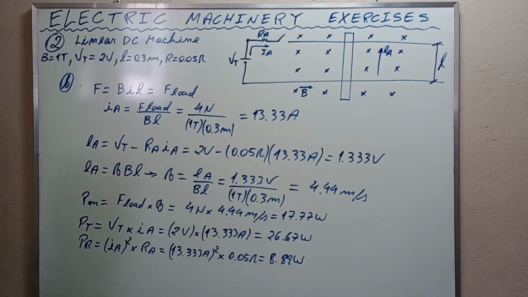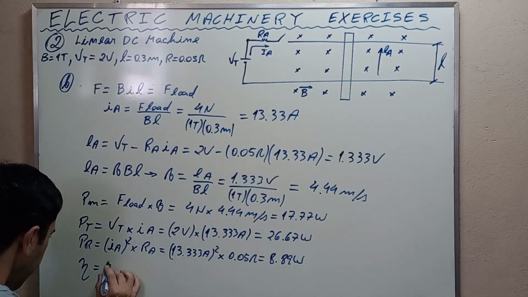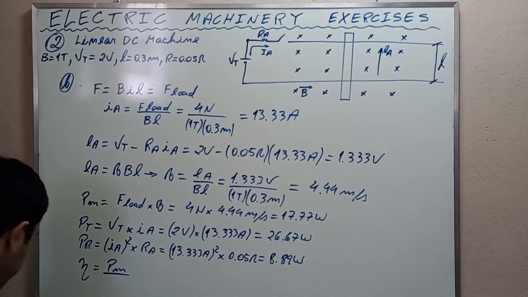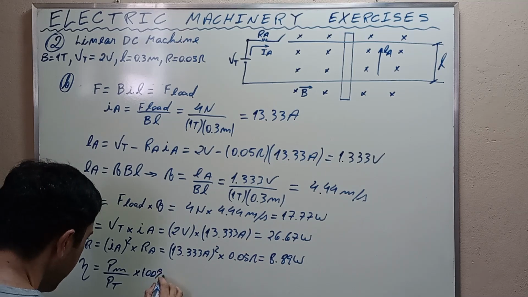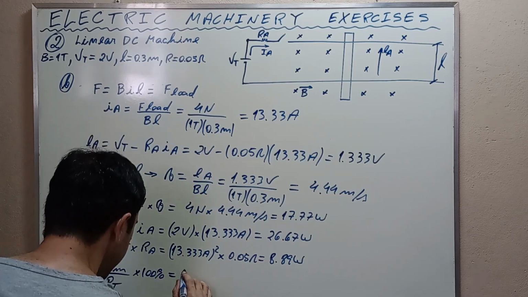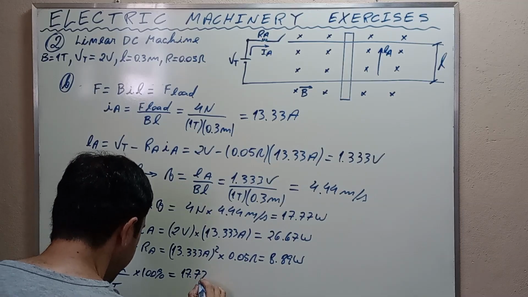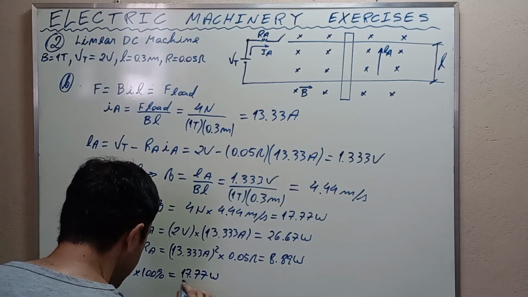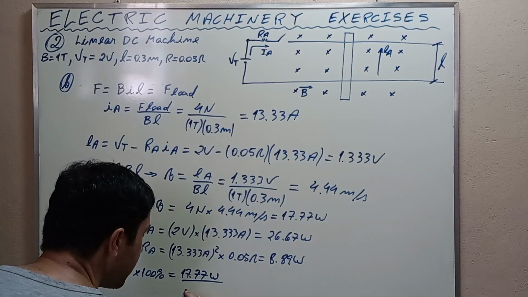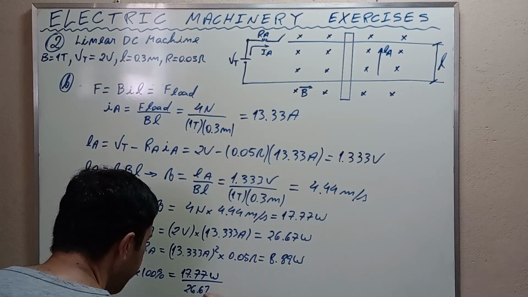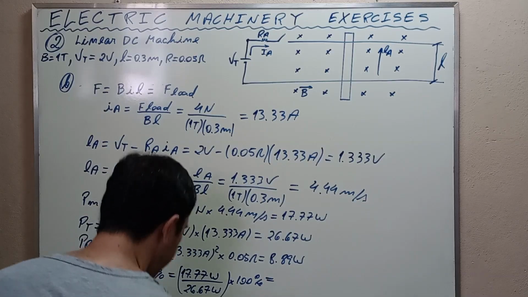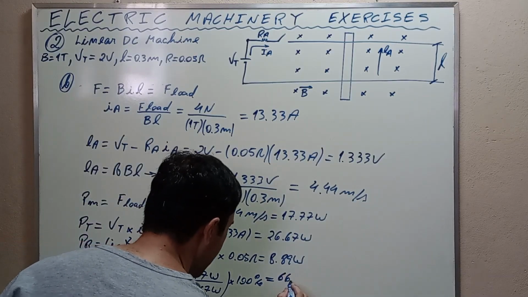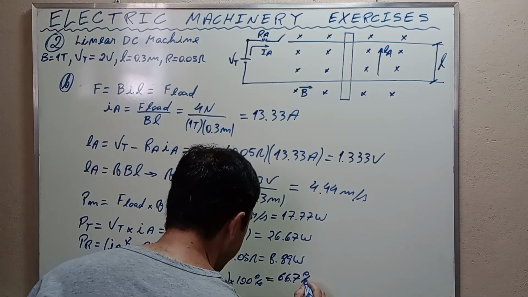The efficiency is going to be Pm over Pt times 100%, and this is equal to 17.77 watts divided by 26.67 watts times 100%, and this is equal to 66.7%.